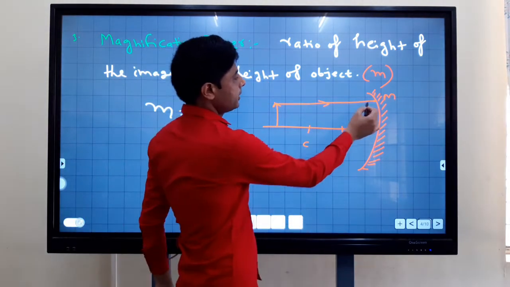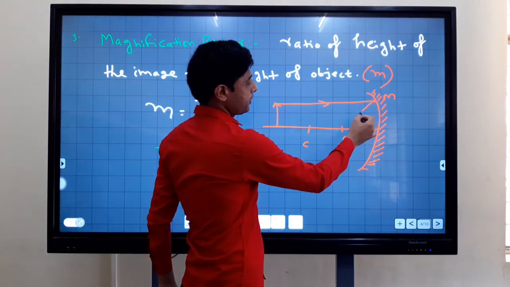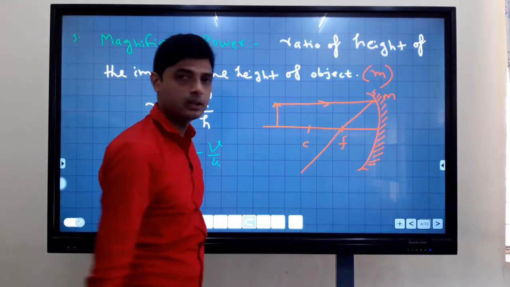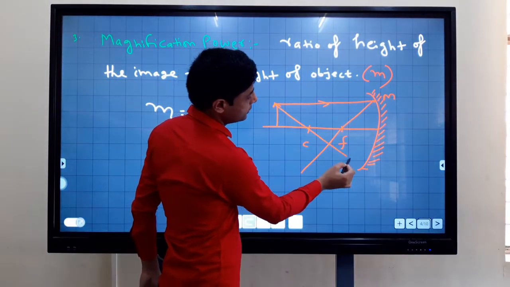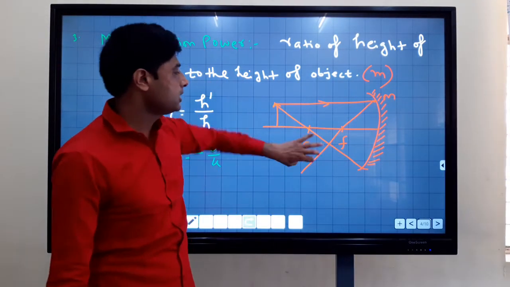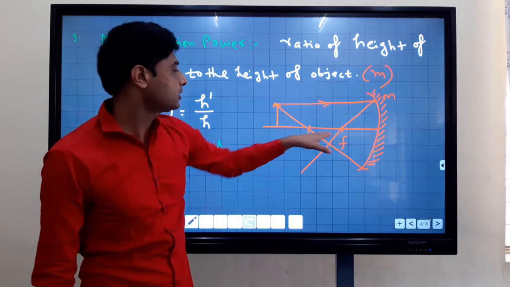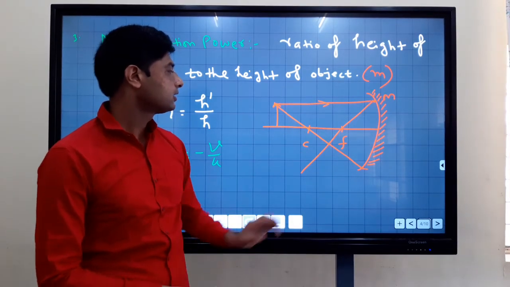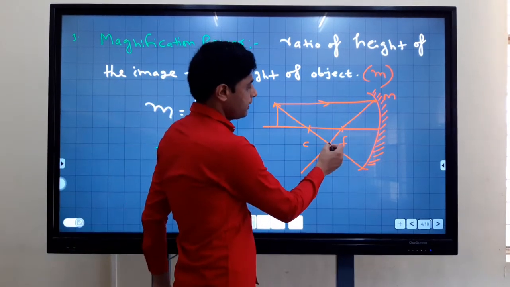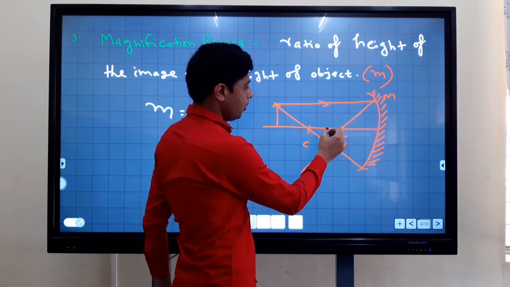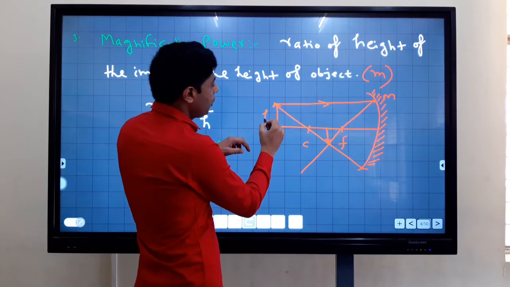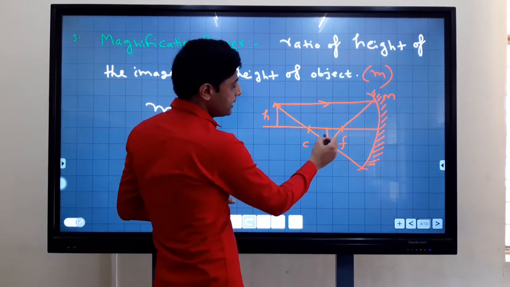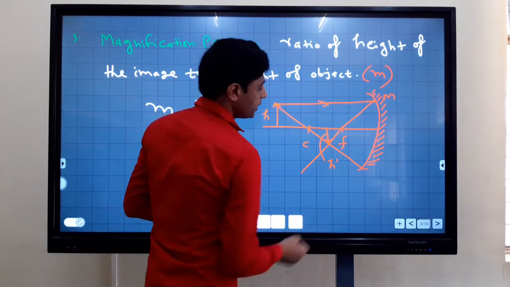After reflection, it passes through the focus point, and another ray of light passes through the center of curvature. Then the two lines passing through focus and curvature intersect at a point. At this point we obtain the image. So this is the height of the object and this is the height of the image.